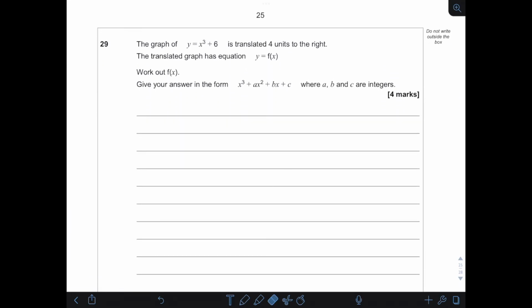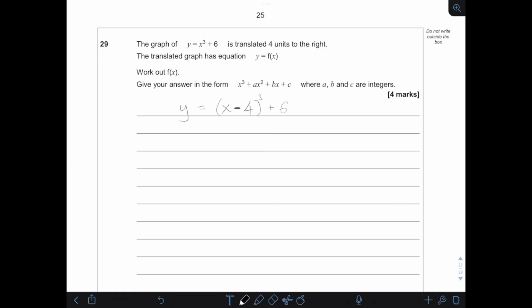So that's the fully factorized answer. Question 29, with a translation of a graph. If it's translated to the right, it affects the x value. So we have y equals x cubed plus 6, and we know that translating is add and subtract, and to the right is a negative translation, so we're getting 4 units.